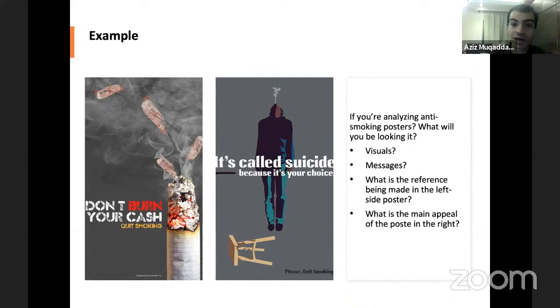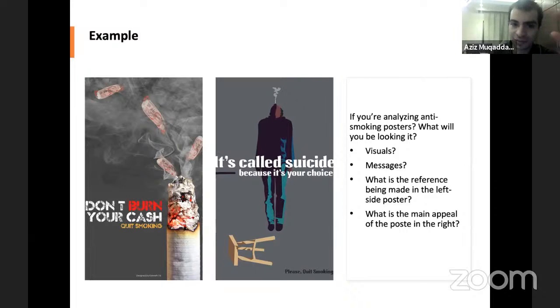Let's say you're analyzing anti-smoking posters. What are the things we will be looking at? You can look into things like the visuals, right? Does the poster show cigarettes? Does it show an infected lung, or someone coughing, or, I don't know, an intensive care unit?